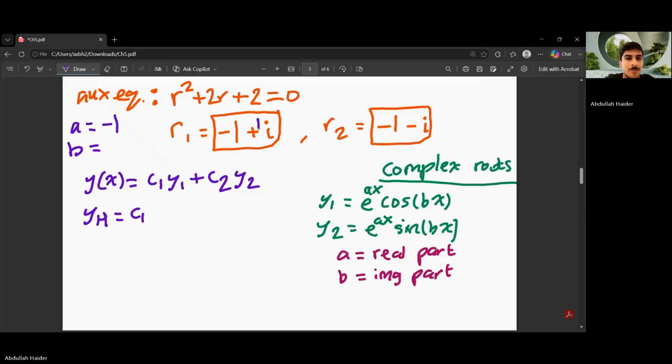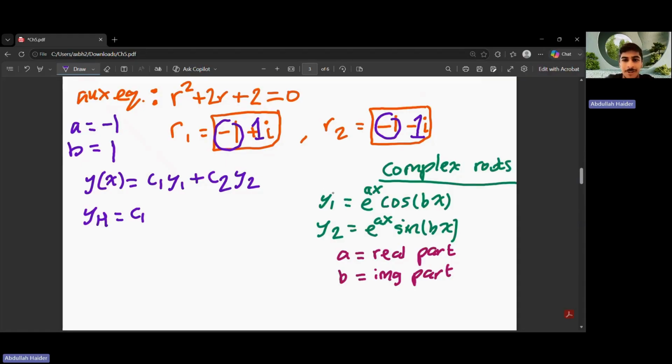This is 1i, and this is -1i. You only take the positive number, so you take 1, because in both roots the coefficient of i is 1, and we do not have to take the negative root because the positive root will cover the solution. So just remember that a is the real number, and b will always be the positive coefficient of the i. So we have a equal to -1, b equal to 1.